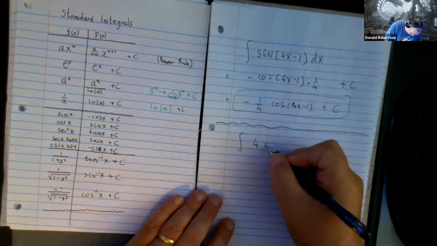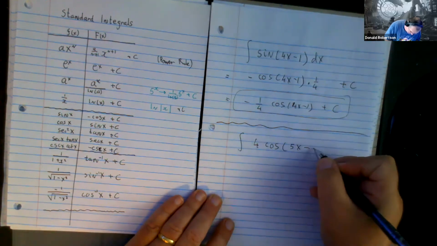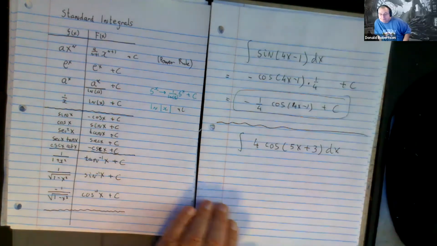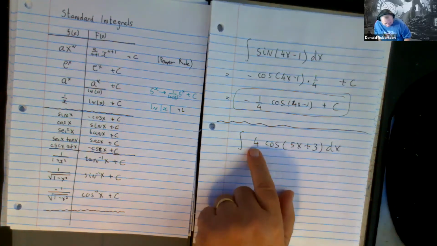4 cosine of 5x plus 3. Okay, linear shortcut method. Think of it as 4 cosines of something.